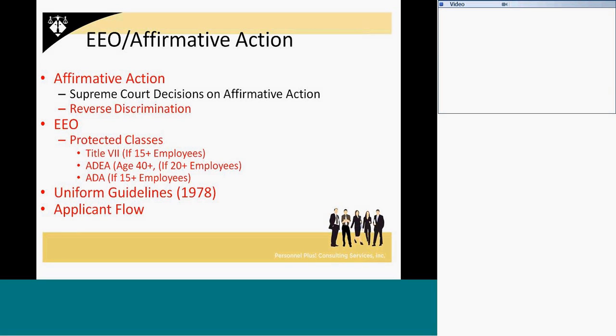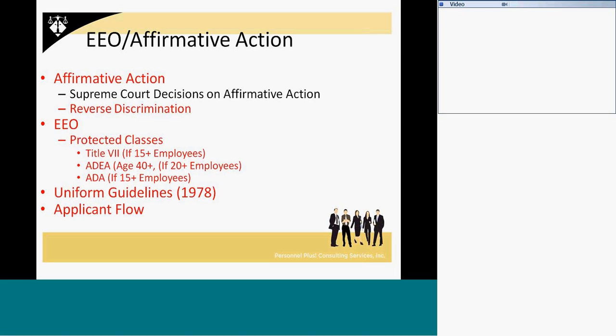And most of it's relatively old case law now, dating back to the late 70s or the early 80s. There's a case out of the University of California, Davis, that involved a person who was a candidate for the law school. The case is called Bakke versus University of California Regents.